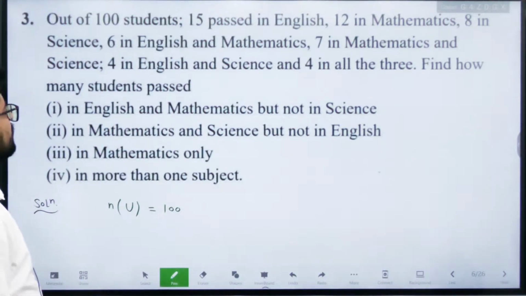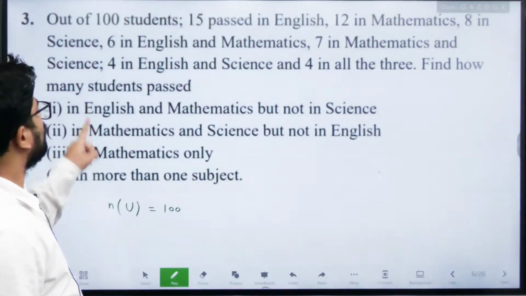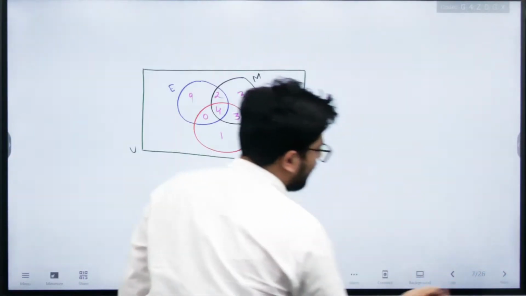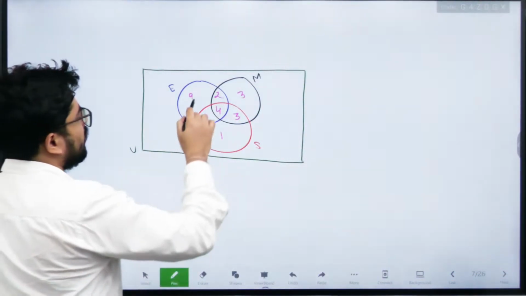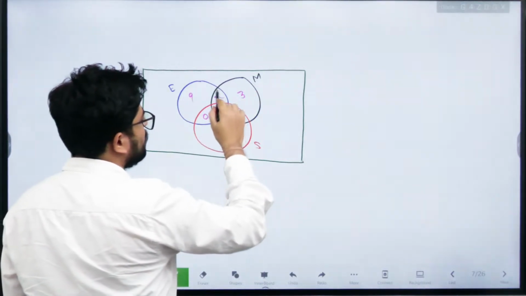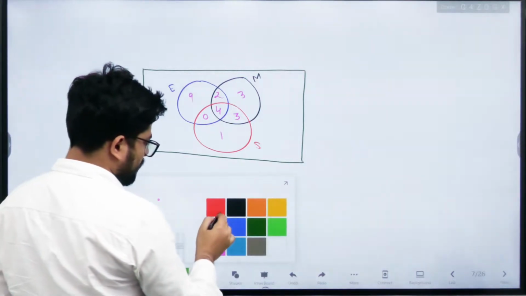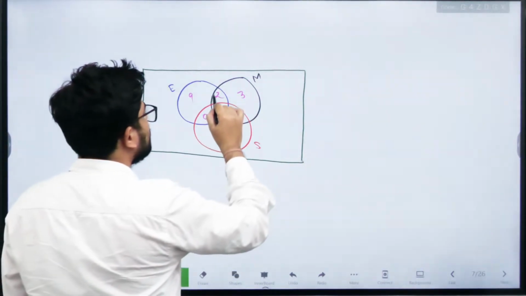So now let's discuss your different parts. The first part is: find how many students passed in English and maths but not in science. English and maths but not in science. So this is the portion.